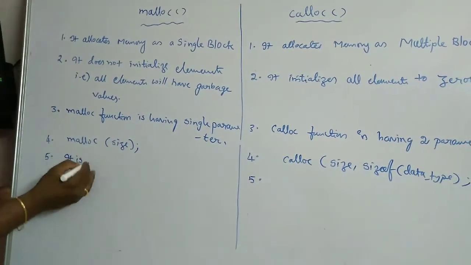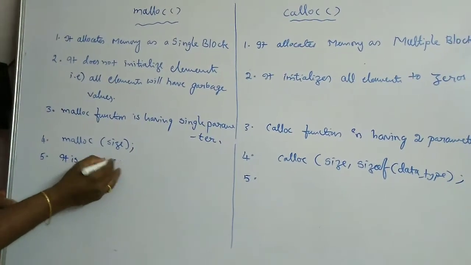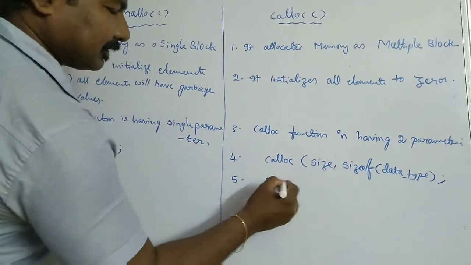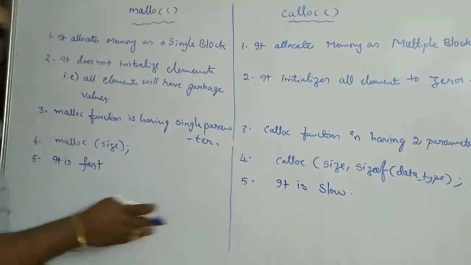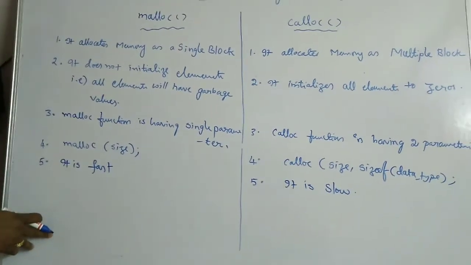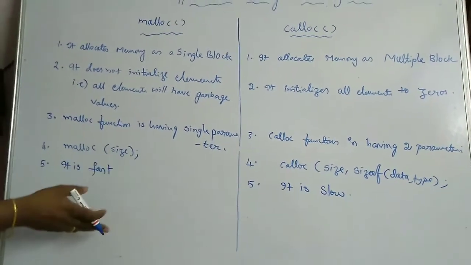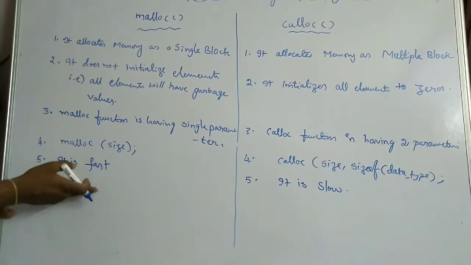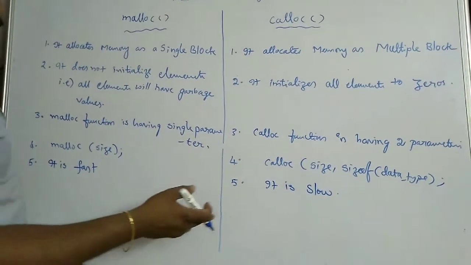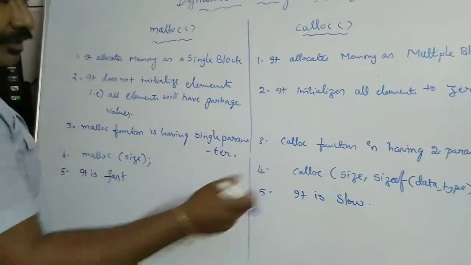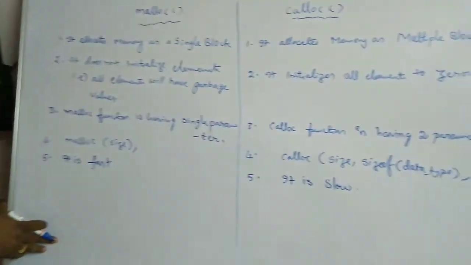It is fast, it is slow when you execute these two functions. So that means the time efficiency will be more in the malloc functions, and time efficiency is not that much when you use the calloc function.